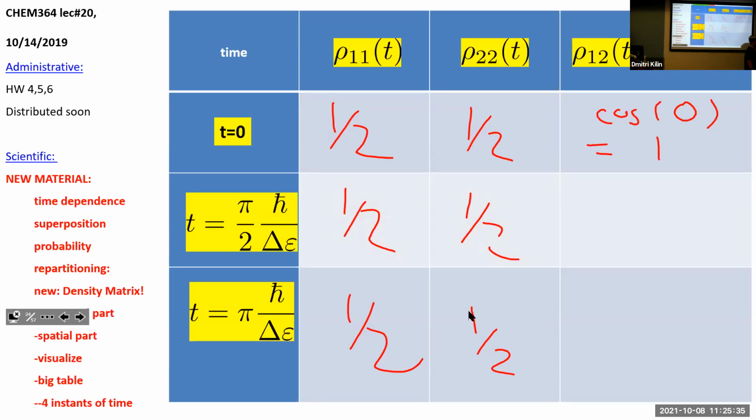Wade, would you please come and help us to evaluate cosine at some other instance of time?